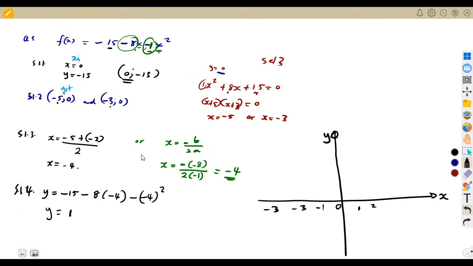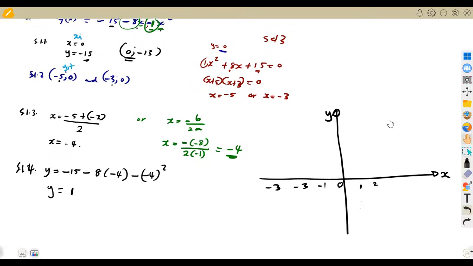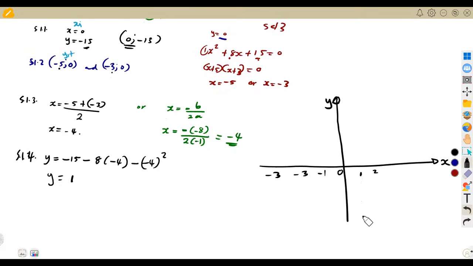Then on the y, take note the y-intercept is at -15. So in order for you to have -15, you can use a scale of -5, or you can even use -10, whatever scale you want. So you can use -5, -10, -15, -20. Use this according to scale. This is just so you can see how your sketch is going to look.